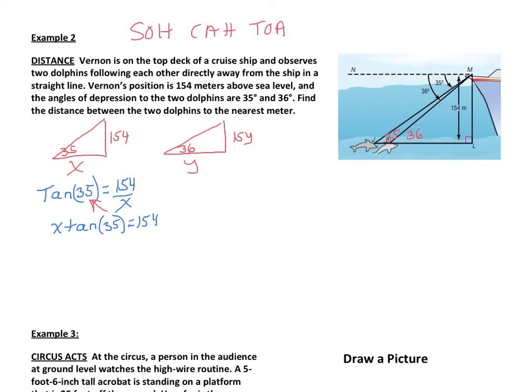And divide both sides by tangent of 35, and we have our distance x. So x is going to equal 154 divided by the tangent of 35 degrees. My writing is messy up there. And let's figure out what that is.